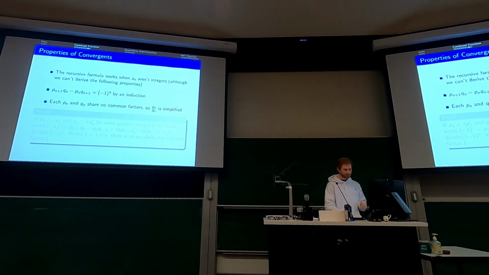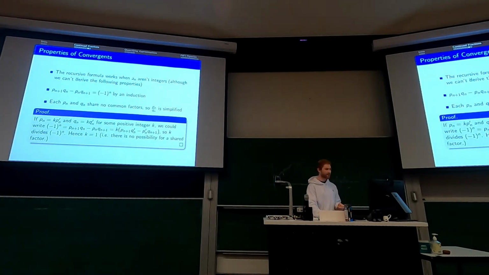So that's very nice. And for a simple proof of this, if we assume that there's some common factor, say k, so Pn is equal to k p dash n and Qn is equal to k q dash n, then we could write this formula, the formula we have from here, and factor out k from the Qn and Pn. So we factor it out, and then what we see is that we have negative 1 to the n equal to k times some other integer, right?